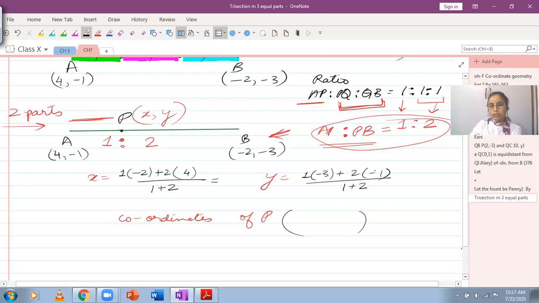Solve and tell me what the answer is. This will be -2 plus 8, 6 by 3, 2. This will be 2, and for y, -3 minus 2 is -5 by 3. This is what we have.